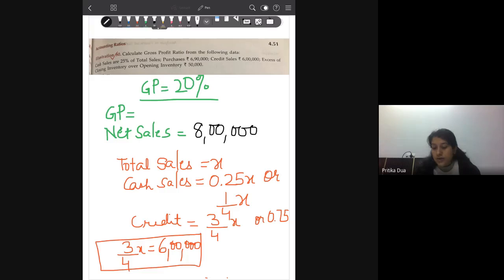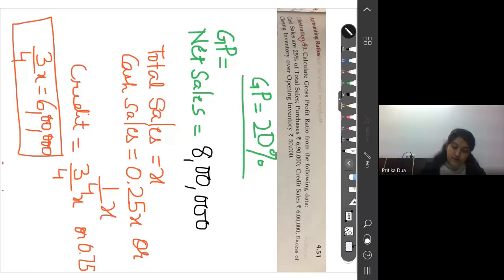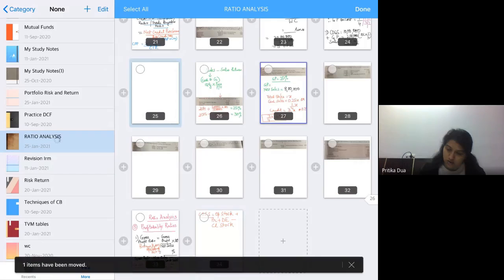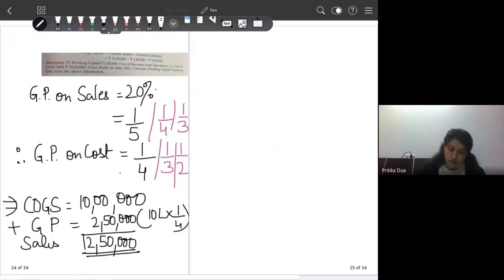Now the second thing we need in the question is the gross profit. Gross profit is your... I'll just insert a blank page here. Okay, wait.